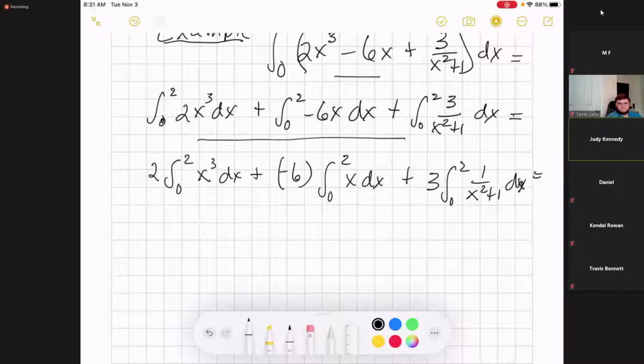Okay, now I'm ready to take my antiderivatives and use the fundamental theorem. This is a definite integral. That means our answer is going to be a number. So if I have x cubed, an antiderivative of that is x to the 4th.